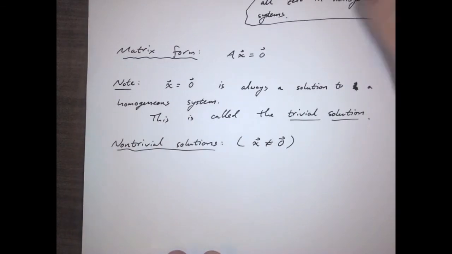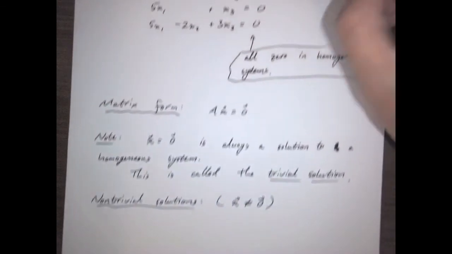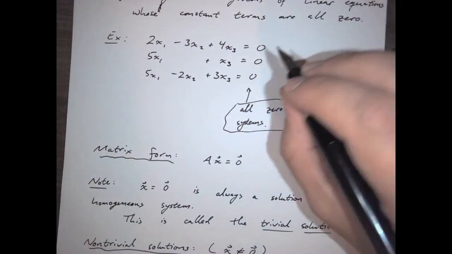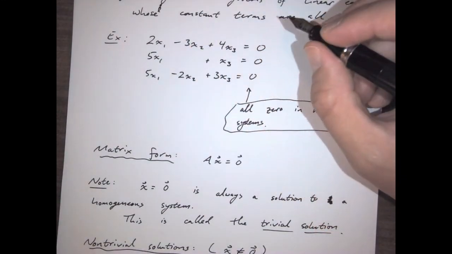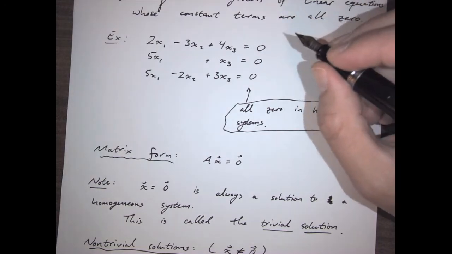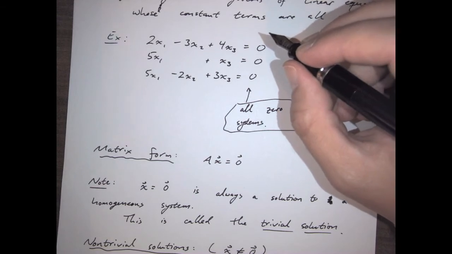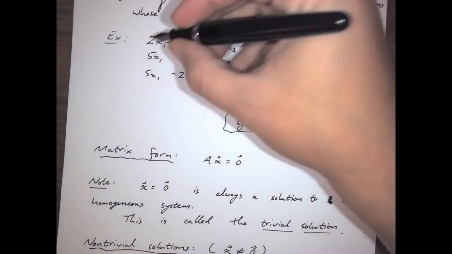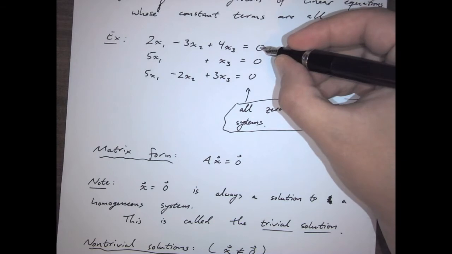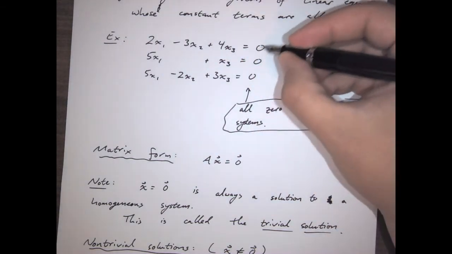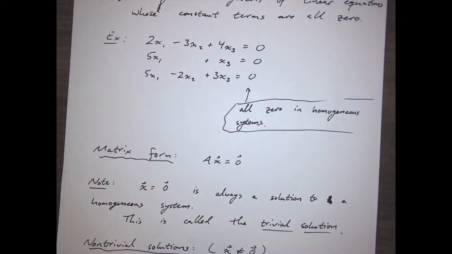Well, if we were deep in the weeds of this particular problem and were trying to actually solve this, we would go about it by row reducing, and then as long as we were able to say x1 equals something, x2 equals something, x3 equals something, and these were all just numbers, then we would be able to definitively say there was a unique solution.